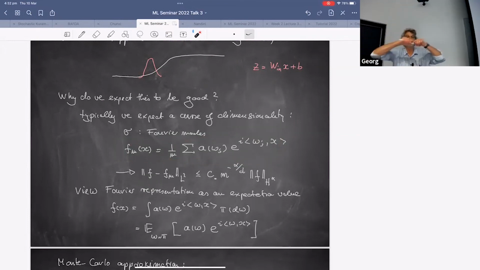If we keep m modes per dimension, and for the next dimension another m, and another m, we get an exponential increase in the number of modes needed to achieve a certain error. This error is bounded by alpha, which relates to the smoothness of the function, and the dimension comes in here.